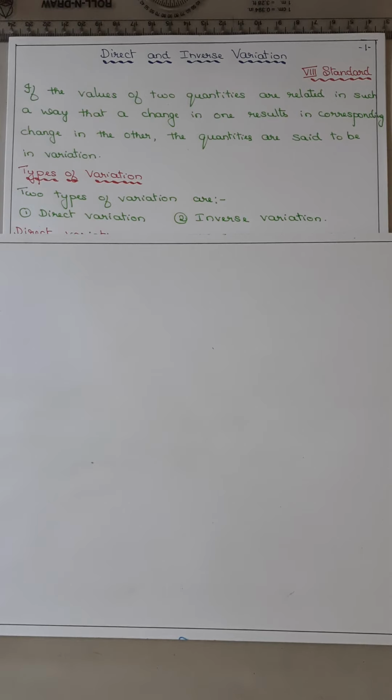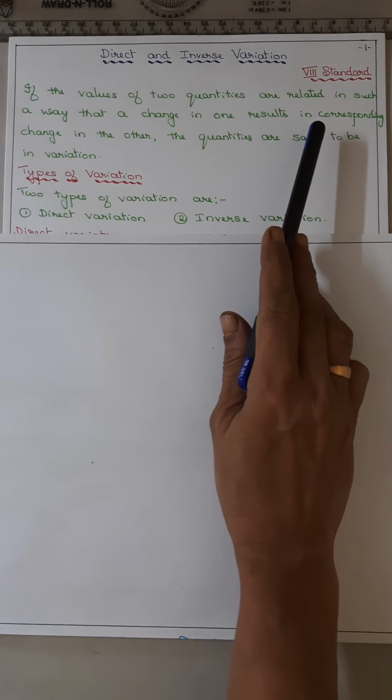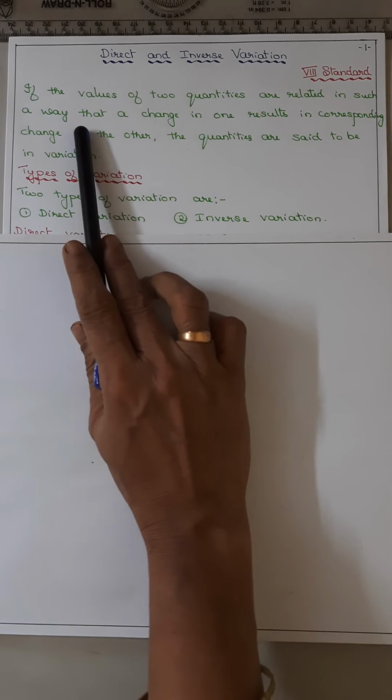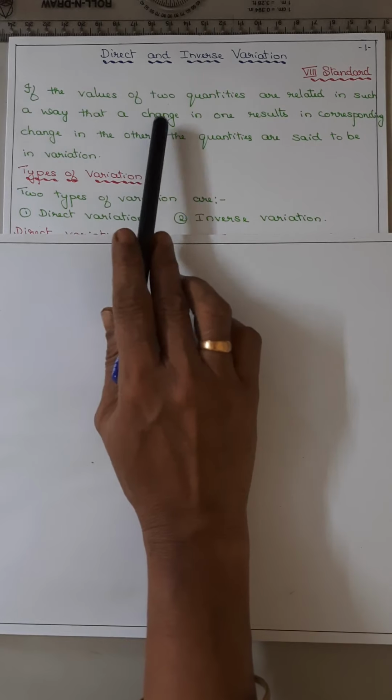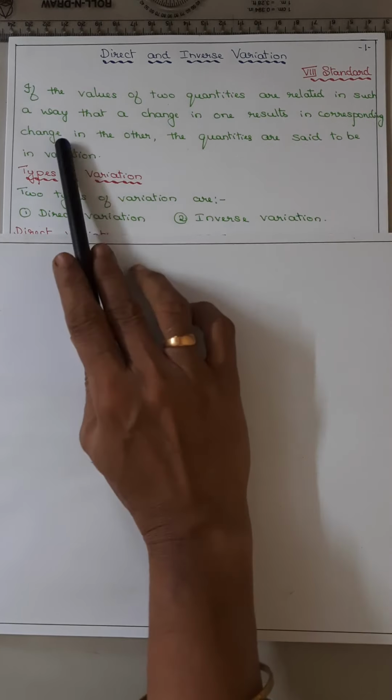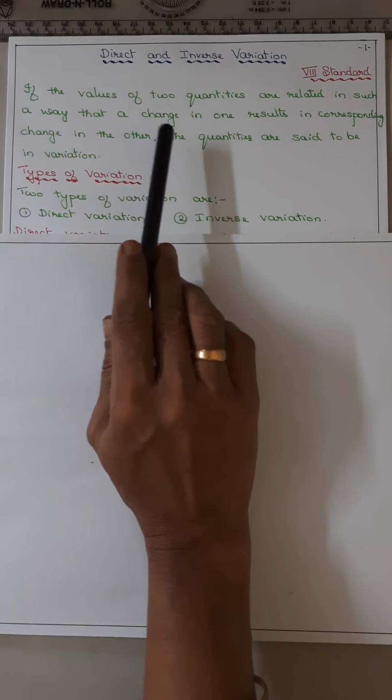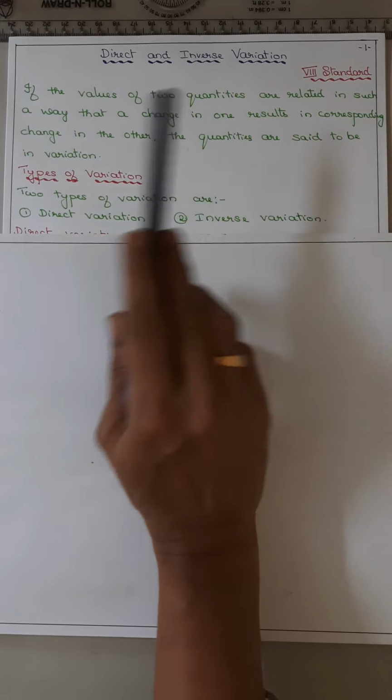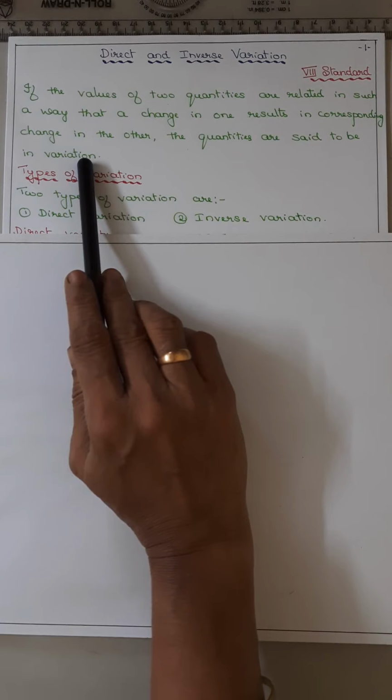What is variation? If the values of two quantities are related in such a way that a change in one results in the corresponding change in the other, then the quantities are said to be in variation.